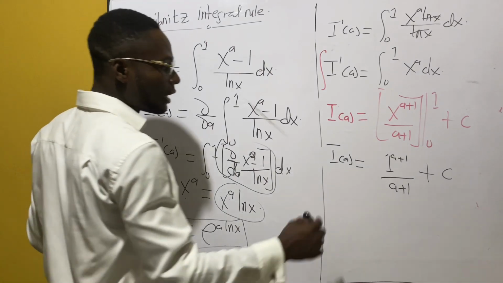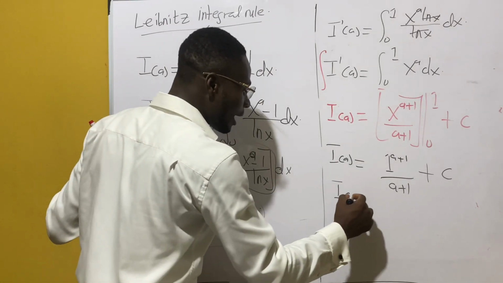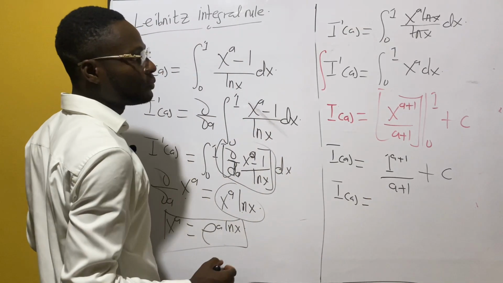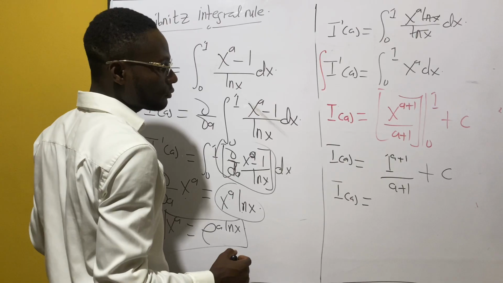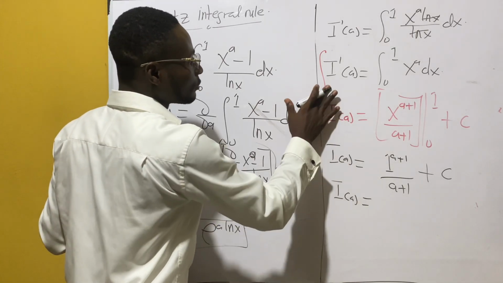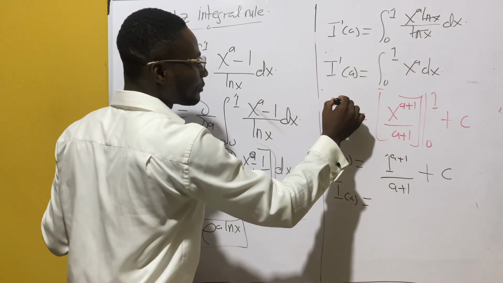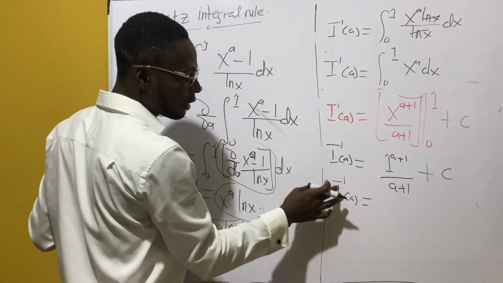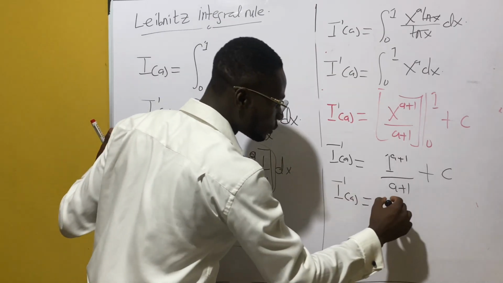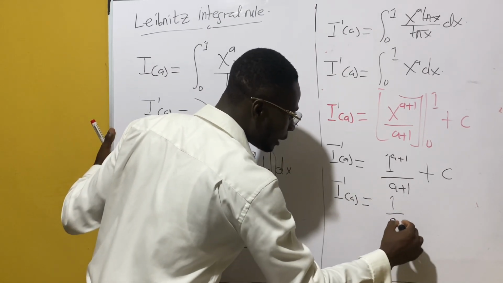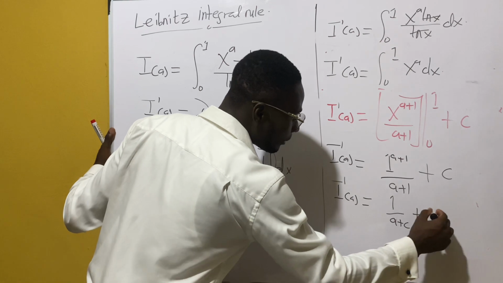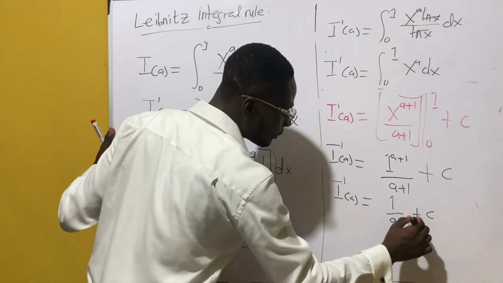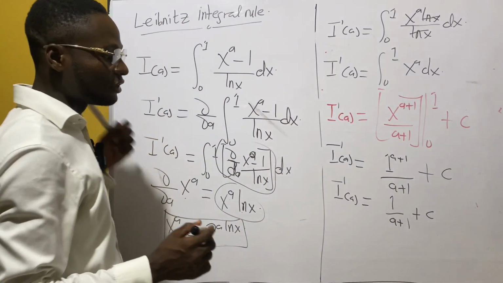So we can say that I'(a) is equal to 1 over a + 1 plus our constant of integration.